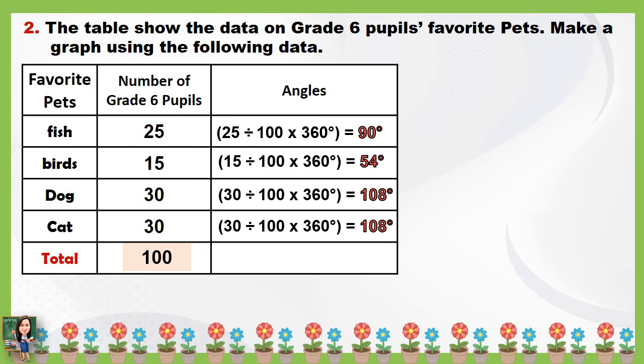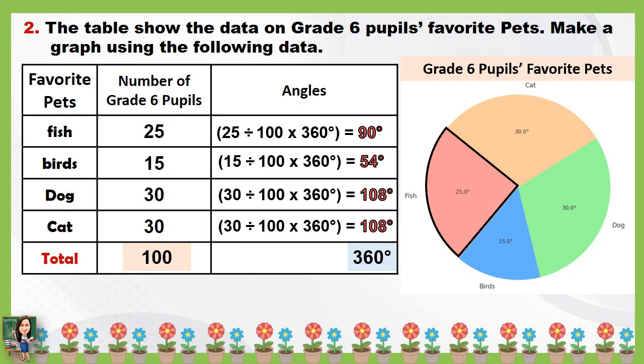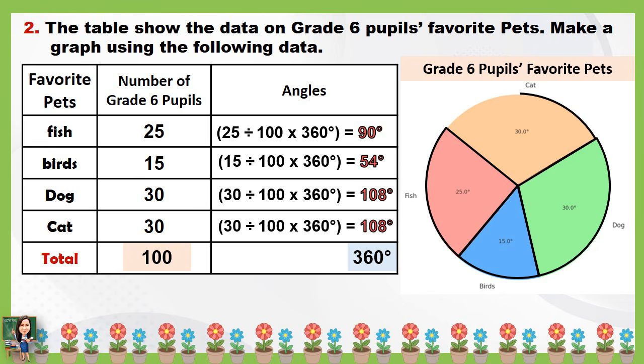Cat, 30 divided by 100 times 360 degrees equals 108 degrees, for the total of 360 degrees. And here is the pie graph. The title is Grade 6 Pupils' Favorite Pets. There were 25 who like fish, 15 who like birds, 30 who like dogs, and 30 who like cats.